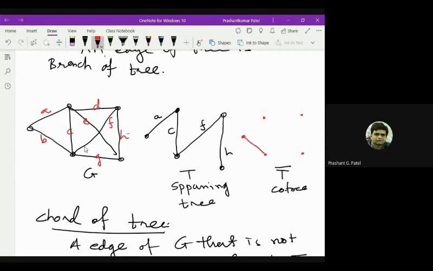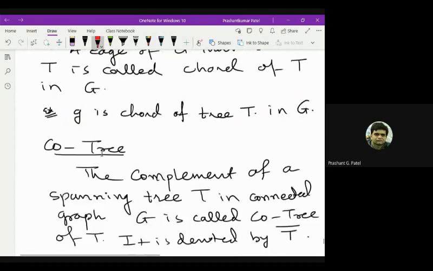C is here, E is not there, then G is there, then F is there, H is there, D is not there. So this is a co-tree of the graph G.